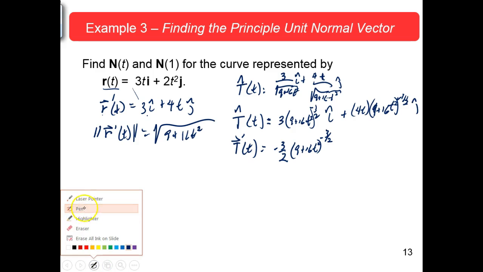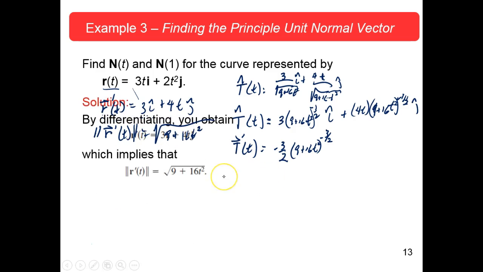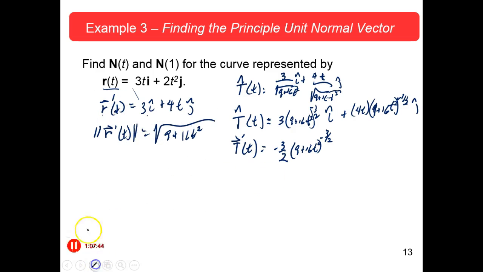If I'm doing my math right, okay, that would be a minus 48t over, I'm going to put it back downstairs now, 9 plus 16t squared to the 3/2 power. It was a minus 3/2 up there. Okay, that's the i component.